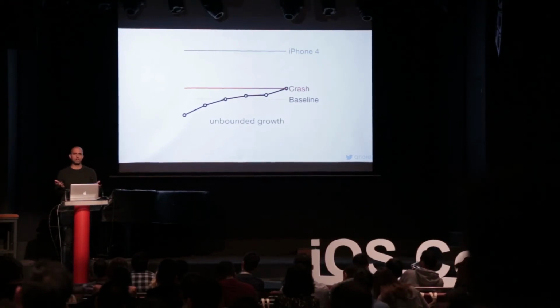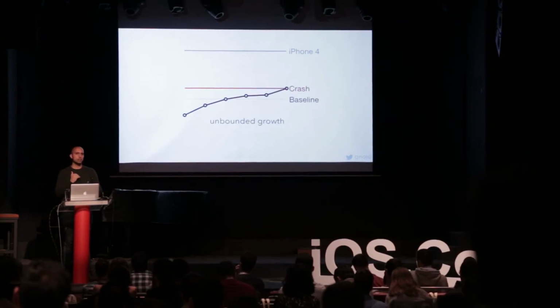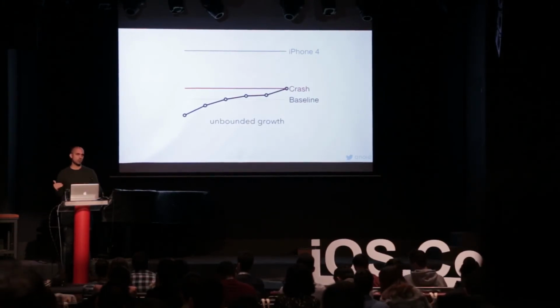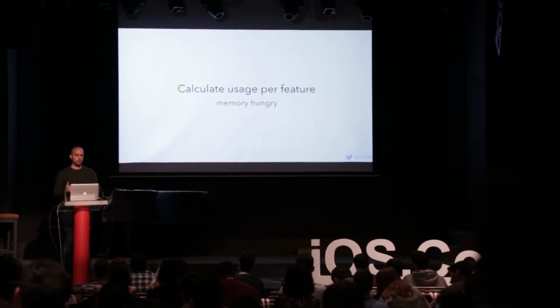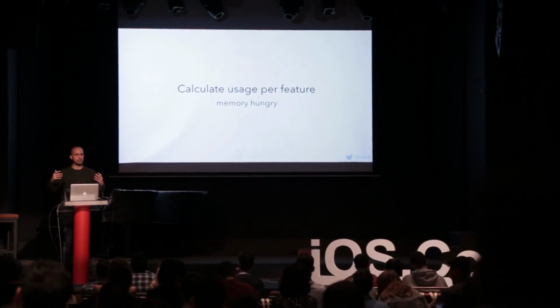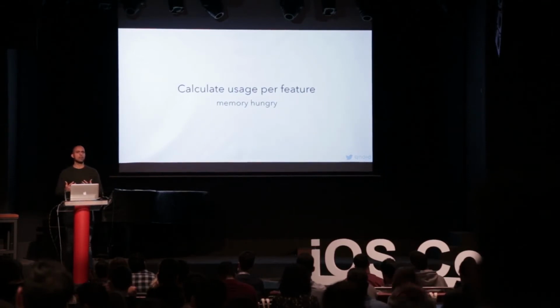You have no way of predicting it. So as long as you build a feature and it's in your app, measure it, count it against. So calculate memory usage per feature. It helps you plot these trends and establish baselines, and it also helps you identify which features are more memory hungry, let's say.